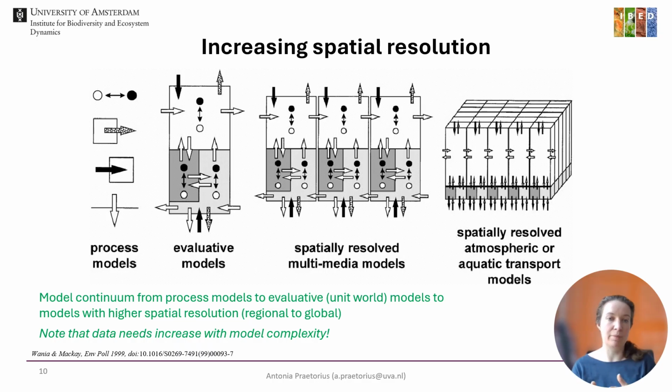So, for example, by connecting multiple water sediment boxes, we can represent a 2- or 3-dimensional river or watershed, and we can even connect a large number of multimedia boxes or model units into a global scale model that can really be used also to represent chemical fate at a very large scale. Then, depending on how many boxes we connect and how big these boxes are, we can achieve different levels of spatial resolution.